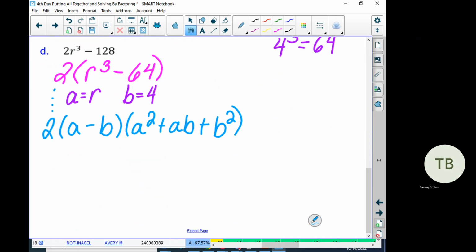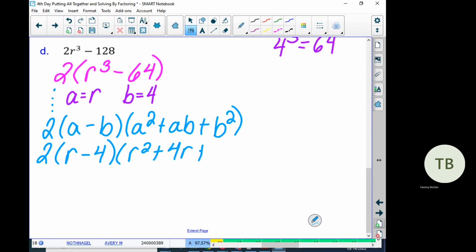Like I said, that's something you just have to copy down. Then you just substitute r in for a, or 4 in for b, wherever you see it. So a is r, b is 4. Then I have to square a, so that would be r squared. Then I have to multiply a times b, which is 4r.